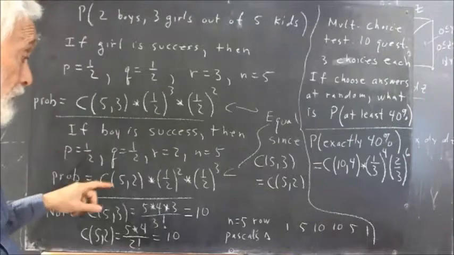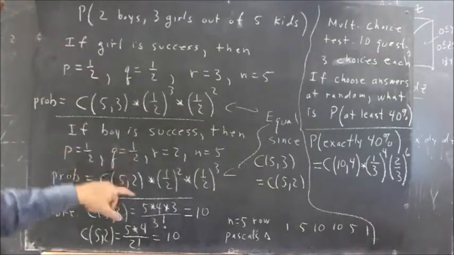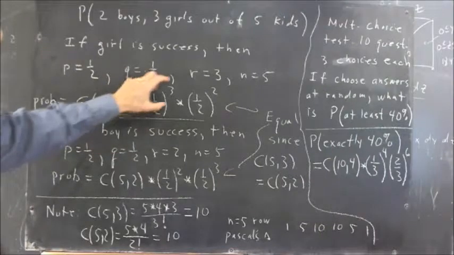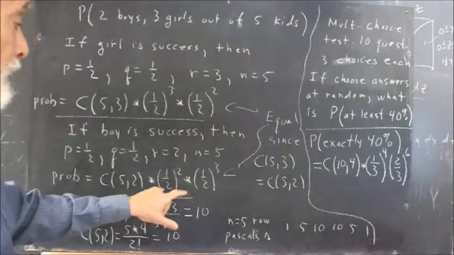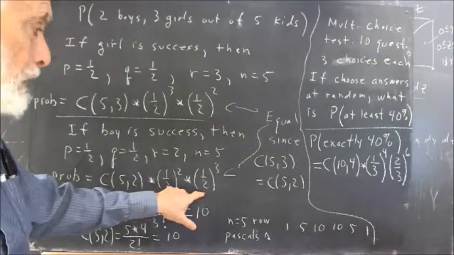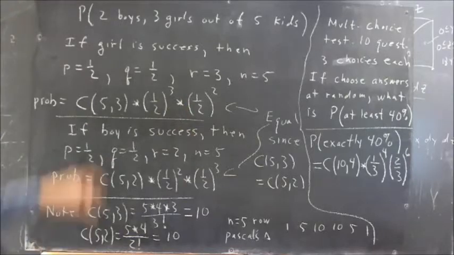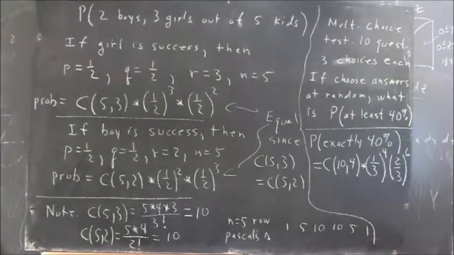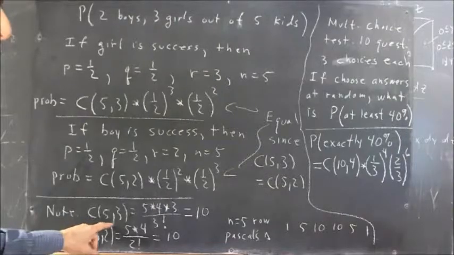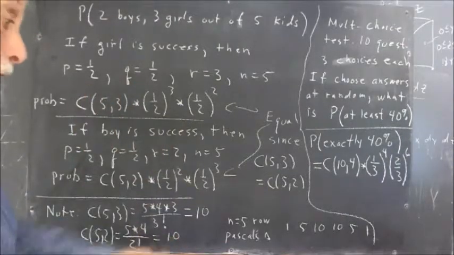Okay. Now, this expression looks a lot like this expression, except you got the 2 here and the 3 here. Now, 1/2 to the 3rd times 1/2 squared, well, you're going to have 1/2 to the 5th. And 1/2 squared times 1/2 cubed, well, that's 1/2 to the 5th. That's the same both ways. But what about C of 5, 3 and C of 5, 2? Well, if we calculate them, C of 5, 3 is 10. C of 5, 2 is 10.